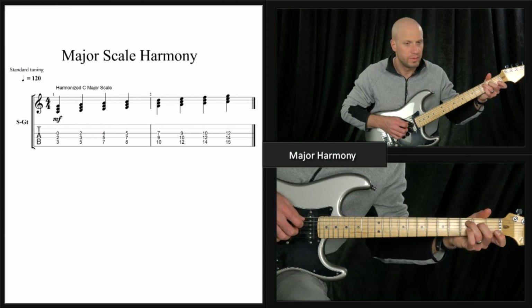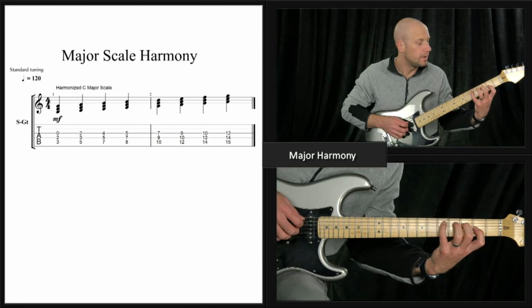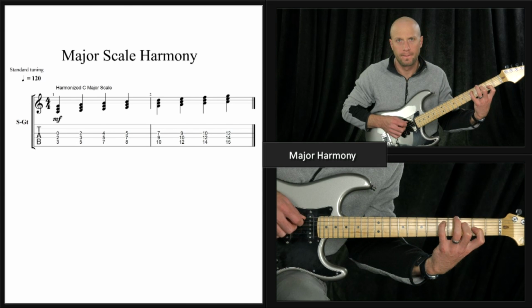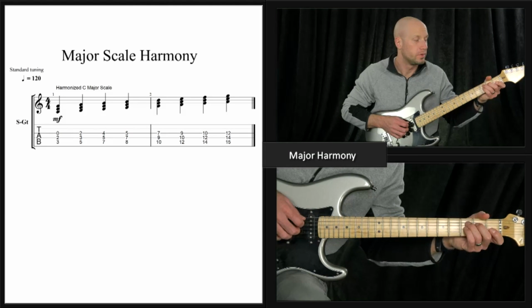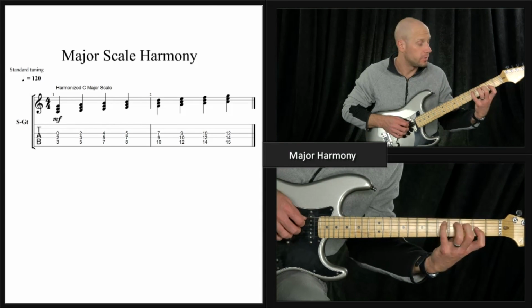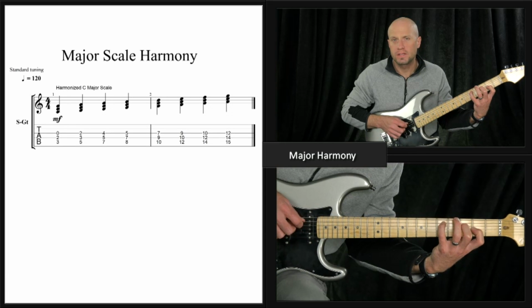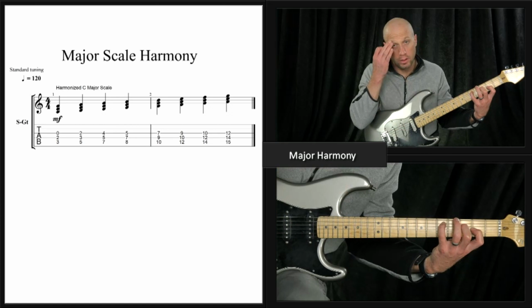We have C major, D minor, or C major 1 chord, minor 2 chord. The same is true for all the chords all the way up.